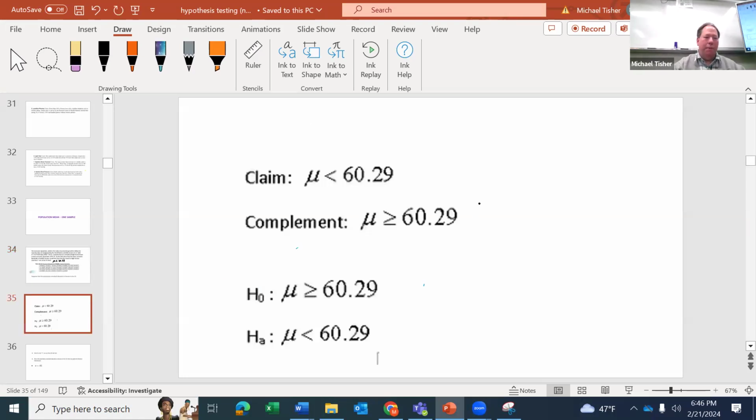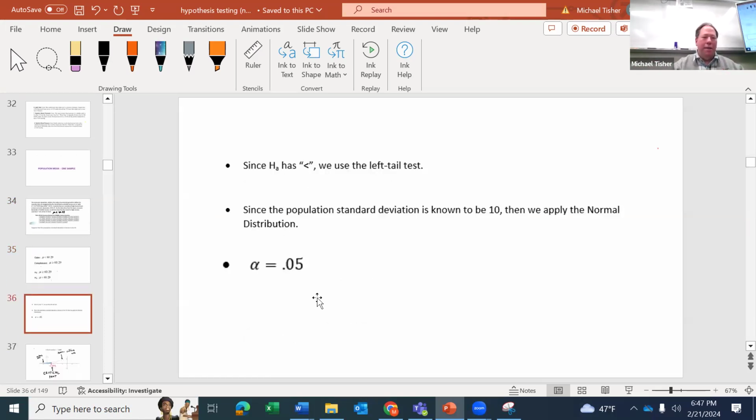Here's all the complement, HO and HA stuff. In an earlier edition, HO would have been greater than or equal to, but remember in this class, HO is always going to be equal to. Once you have the claim, complement, HO and HA that we've been practicing, you can find out whether we have a left tail, right tail, or two tail test.